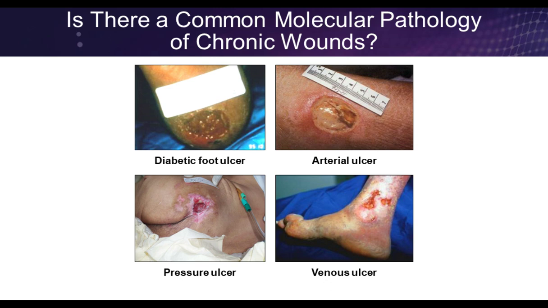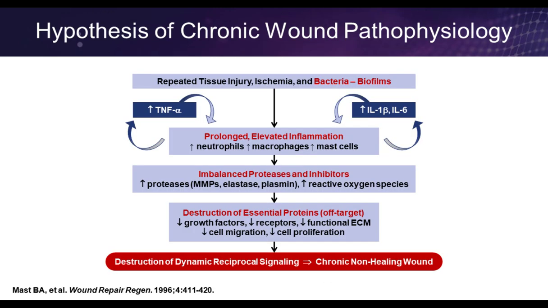You can see in this slide that although these are four major types of chronic wounds and they all have different comorbidities and properties, they are really a lot more similar at a molecular level than they are different. And work from multiple laboratories has now generated what we've come to call the hypothesis of chronic wound pathophysiology.